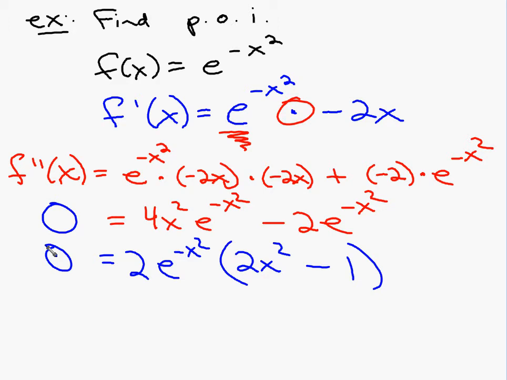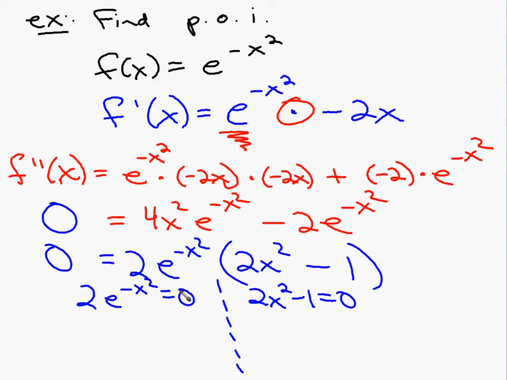And now I have written this as a product equal to 0, which means I can split this up into two handy-dandy equations. 2x squared minus 1 equals 0. And 2e to the negative x squared equal to 0. Okay? I'll work on the left side in a minute. Let's work on the right side because it's easier.